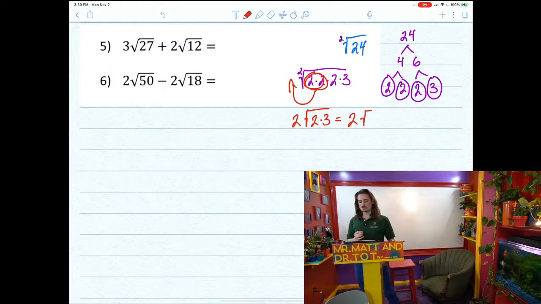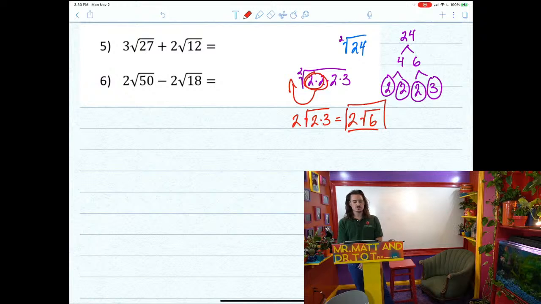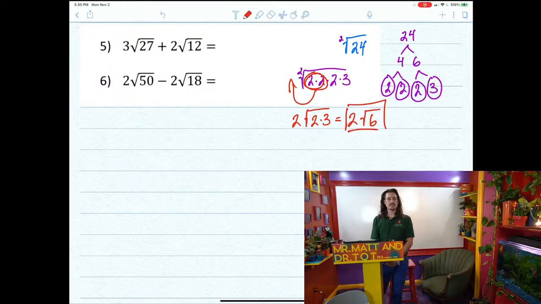So for every 2 underneath, because the index value is 2 here, you can bring 1 outside, and so that becomes 2 times the square root of 2 times 3, or in other words, 2 times the square root of 6. This is going to be important in the next 2 problems because you might need to simplify in this manner in order to first convert into common radicands, so then you can actually do the operations of adding or subtracting.